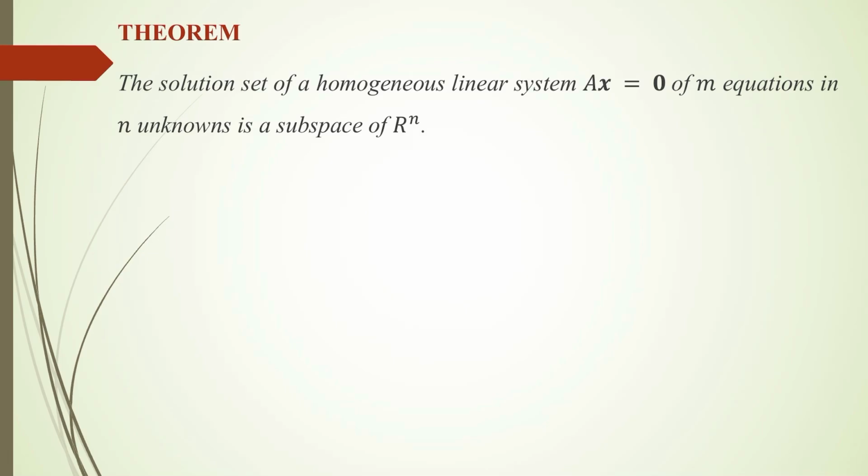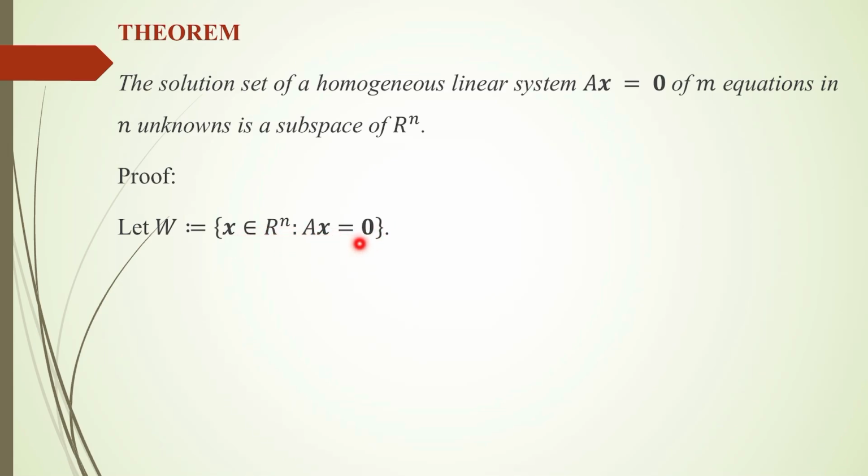So what we have is m linear equations with n unknowns, say x1, x2, up to xn. Suppose Ax equal to 0; we have to show that the solution set of this system is a subspace of Rn. So I am taking W as the set of all x in Rn where Ax equal to 0.